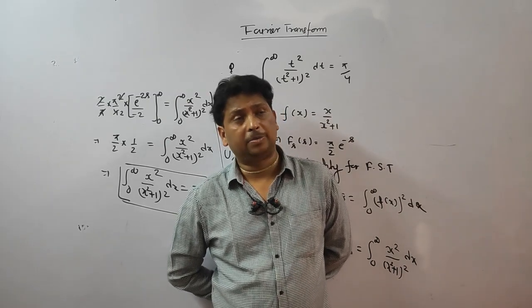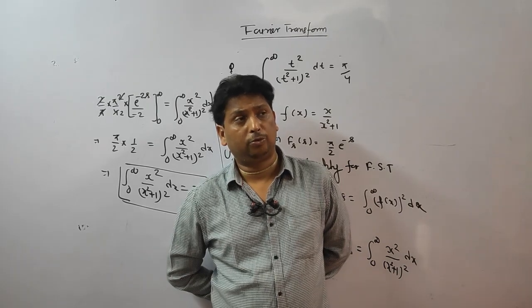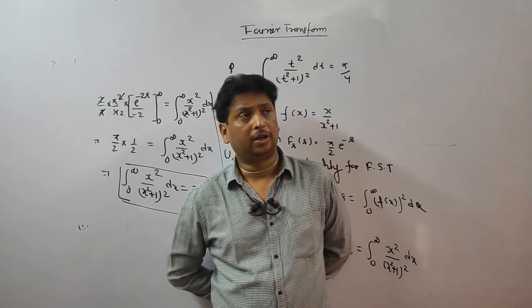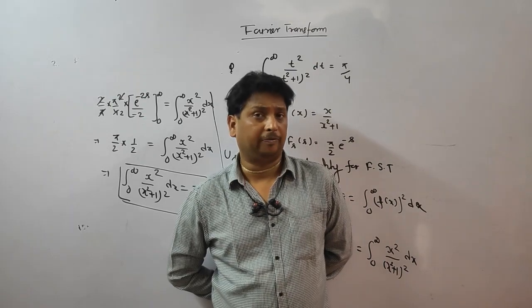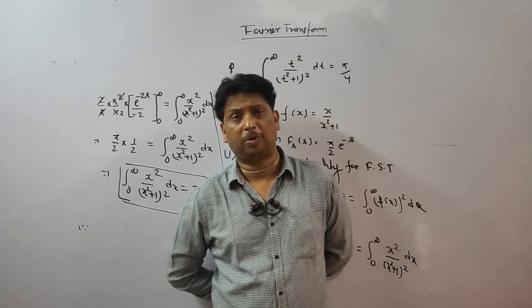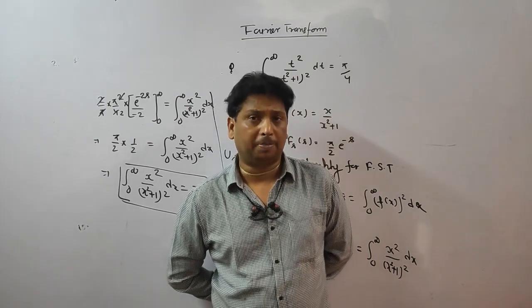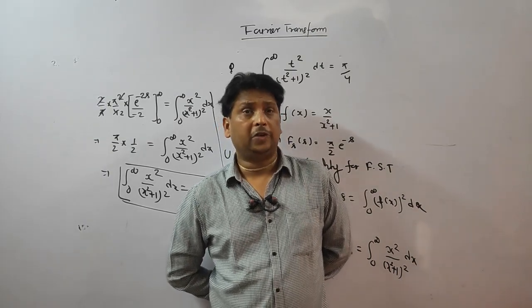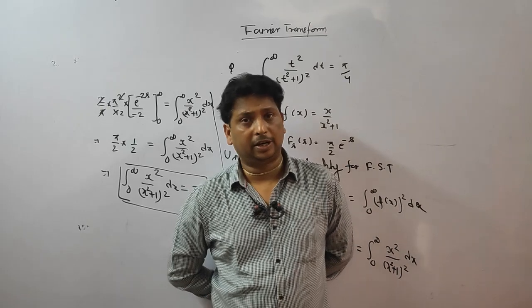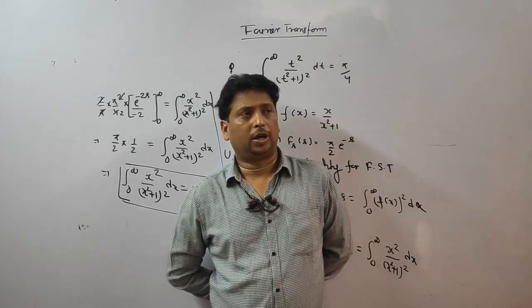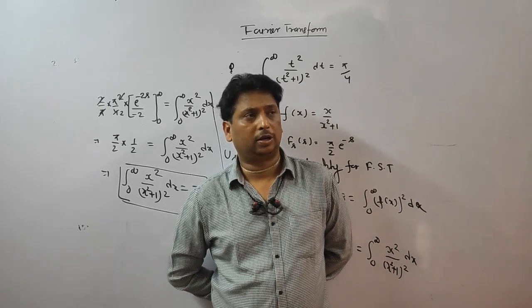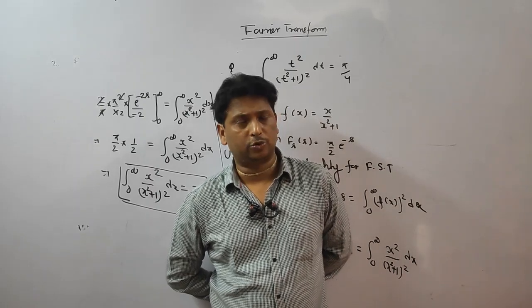And sometimes in your examination they will give that the Fourier sine transform of this function is this. Then use Parseval identity and do it. If not, then you have to know it. And hope you can do these type of questions.